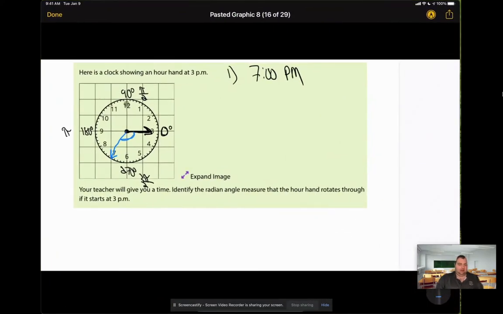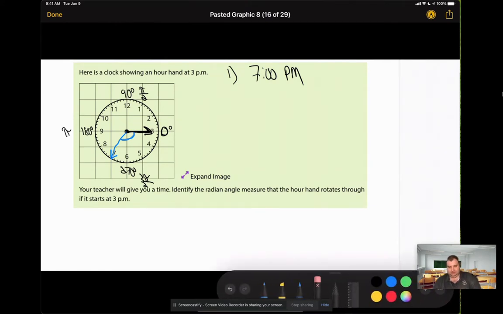The next thing we want to figure out is on the clock, how many degrees or how many radians is each spot worth? When I move one number on the clock, how many degrees or radians am I moving? I'm going to do that off to the side right here.